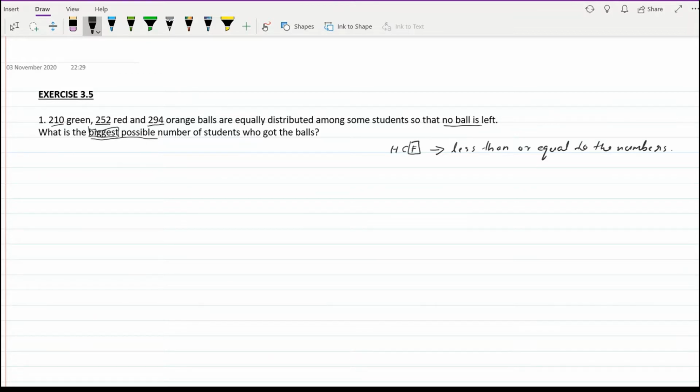And if we take LCM, M denotes multiples, and we know multiples of any 2 or 3 numbers will always be greater than or equal to the given numbers. So the condition is greater than or equal to.